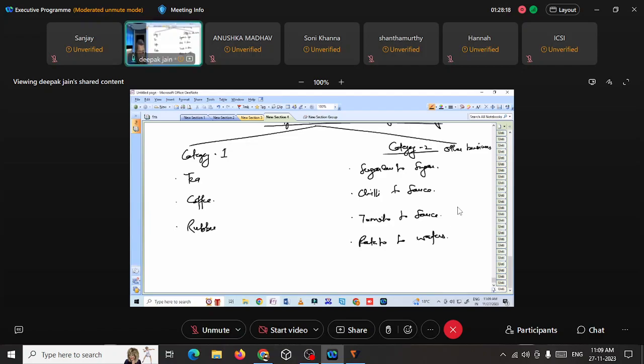Examples can be anything. So the law has segregated three businesses separately, tea, coffee and rubber, and the remaining businesses separately. Remaining, whatever be the business: sugar cane to sugar, chili to sauce, tomato to sauce, potato to wafers, wheat to biscuit, rice to kurkure. It can be any business, beta Sonia.